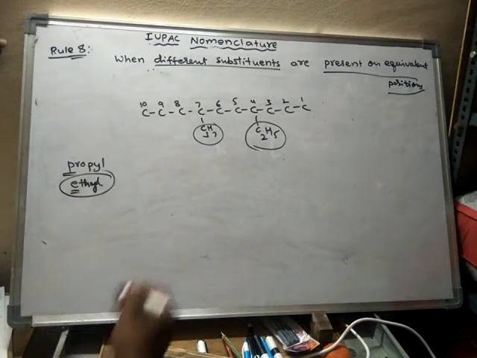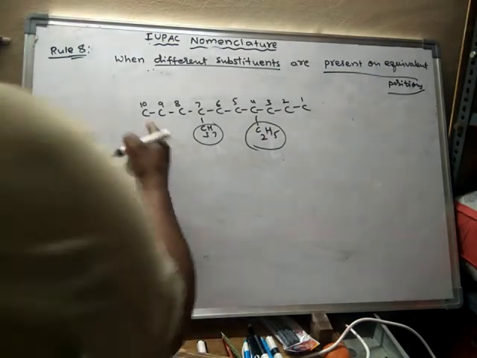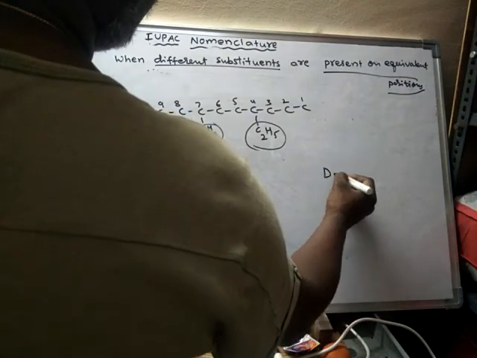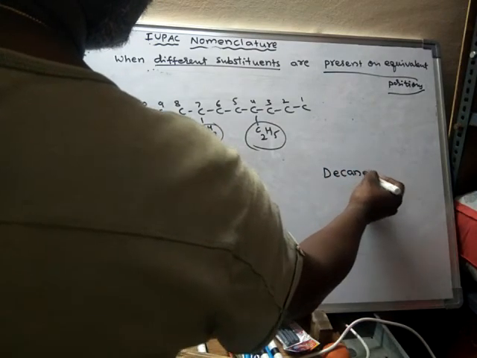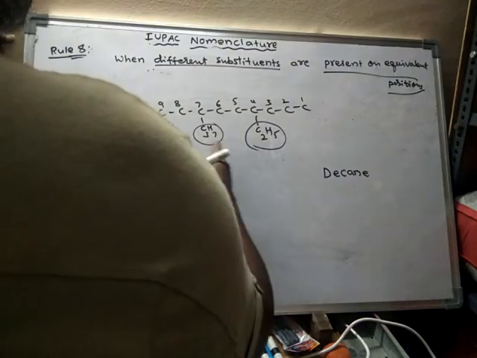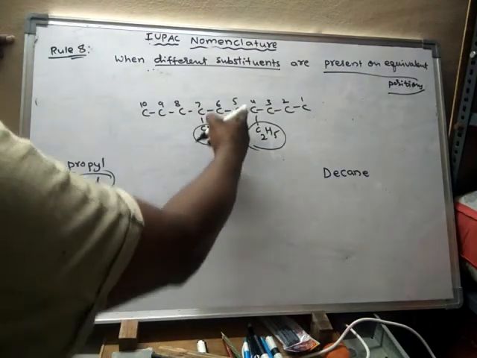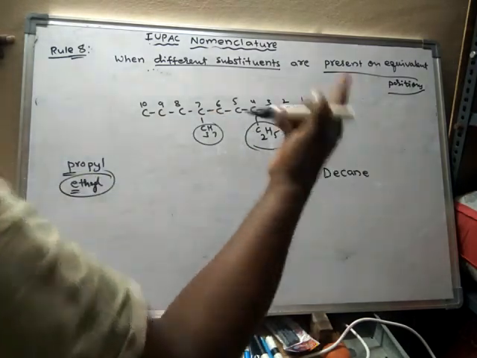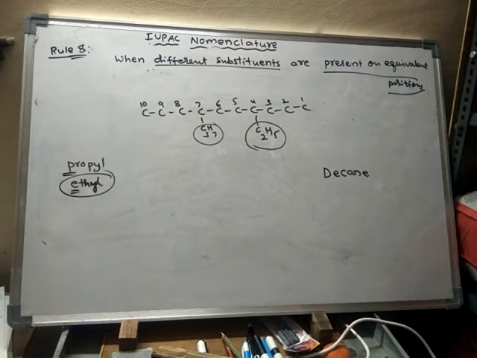So now we'll write the name. 10 carbons are there: decane. Now ethyl and propyl. The ethyl group is present on the fourth carbon. Always remember that while writing the name, first we have to write the substituent with the lower alphabet, meaning the alphabet which comes first.